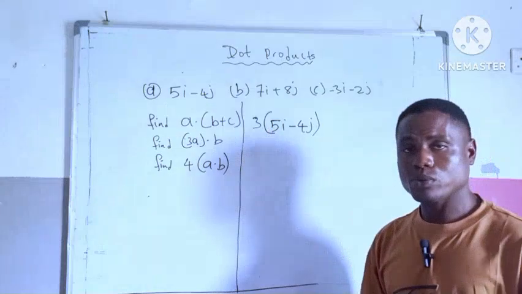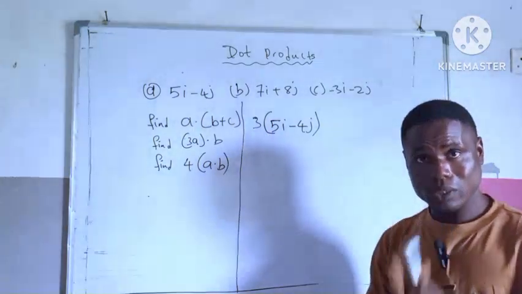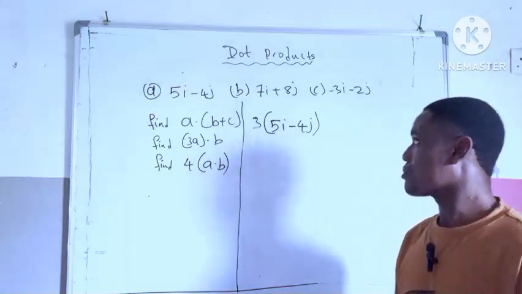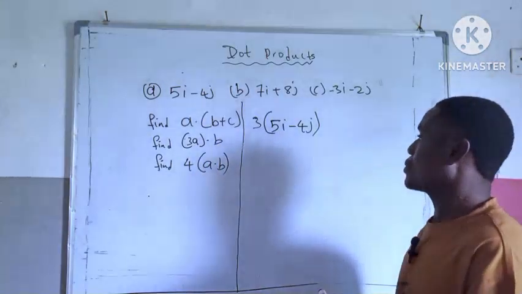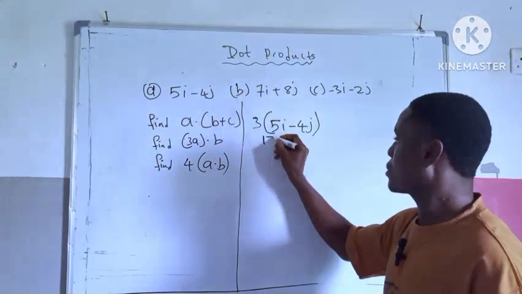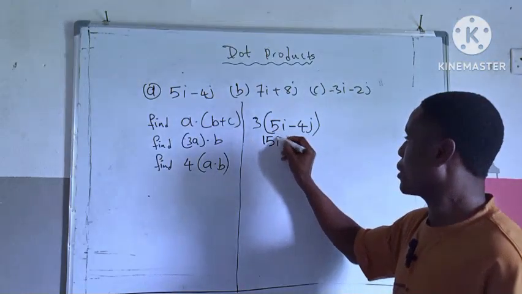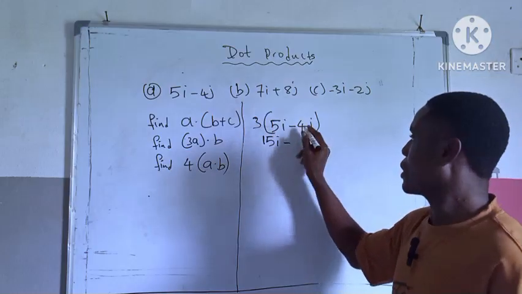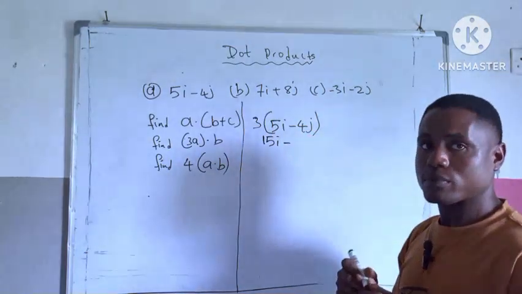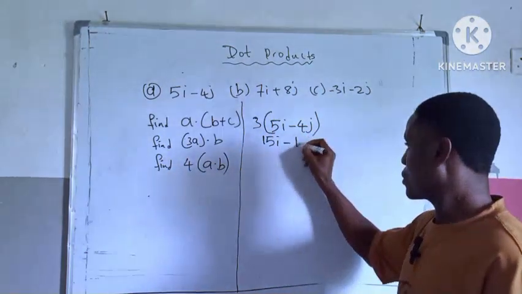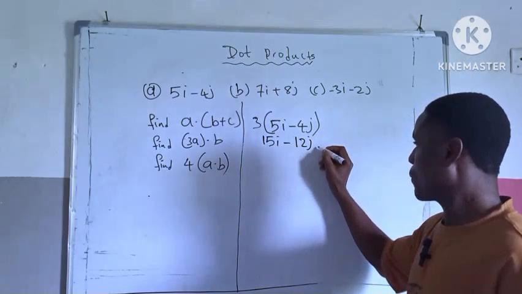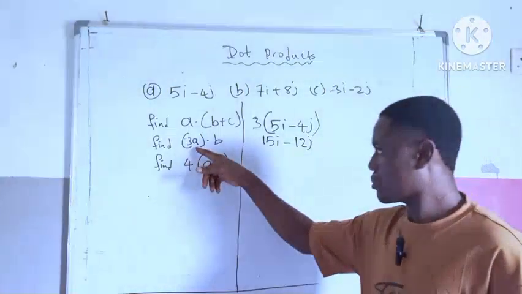These things are very simple. Very simple. The reason is you don't want to learn. So 3 times 5 is what? Is 15. Then we have i. So minus 3 times 4 is what? Is 12. We have j. So we are done with this one.